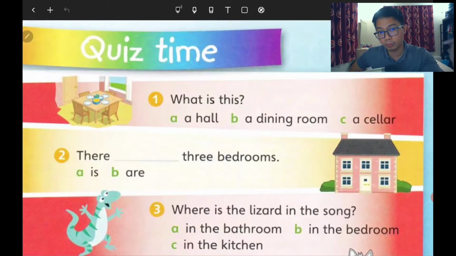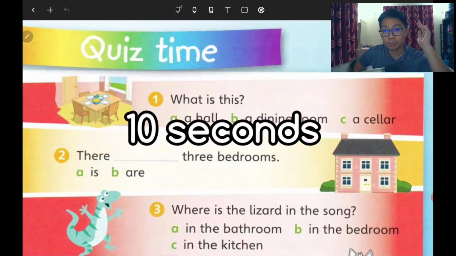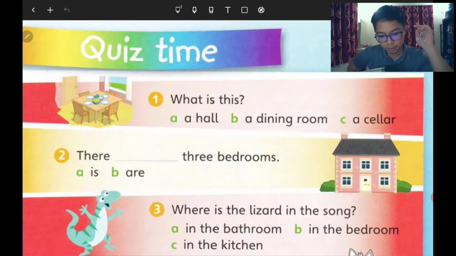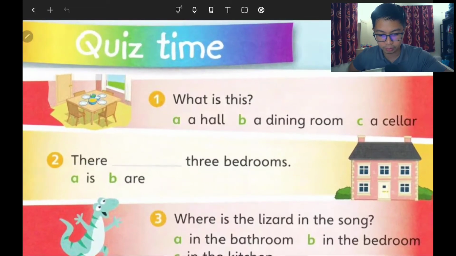Okay, by the way, for each question you will have about 10 seconds. Okay, only 10 seconds before you will be told the correct answer. Okay, you have 10 seconds, but I will help you. Okay, question 1.